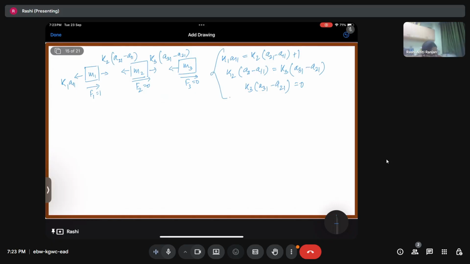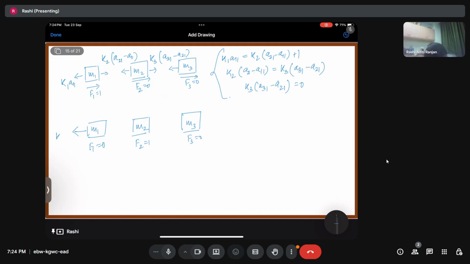For the second one, we're going to have M1, M2, M3. Then we have a force F2 as 1, F3 as 0, F1 as 0.